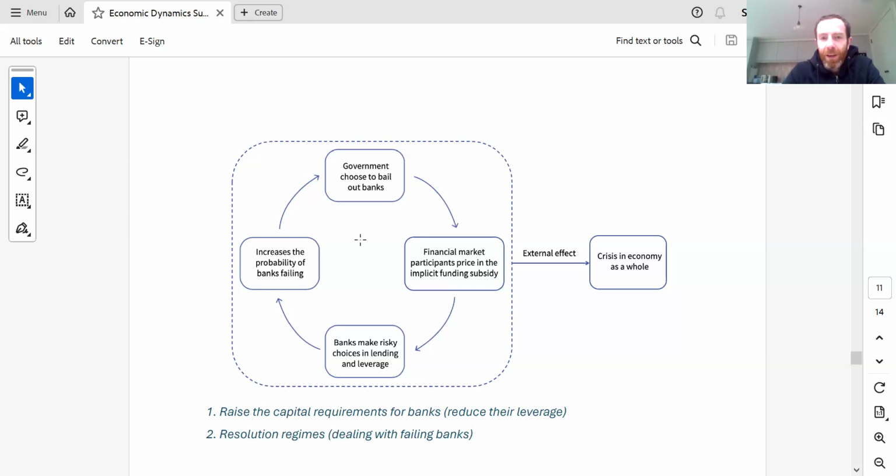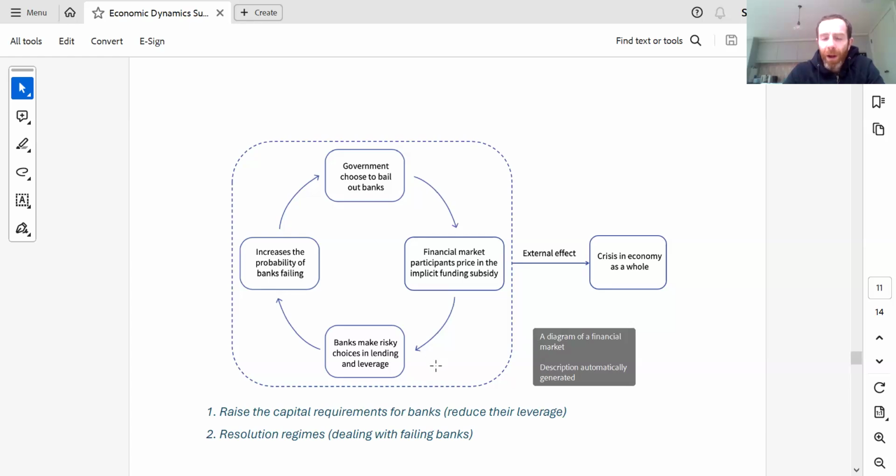And we see this cycle here, which kind of outlines this. So if governments are willing to bail out banks, and they've done that in the past, well, then within the financial markets, the financial market participants, so those who own the banks, or people who have money in banks or have bought bank assets, they're thinking, well, if things go really wrong, we know the government are going to bail out the bank, right?